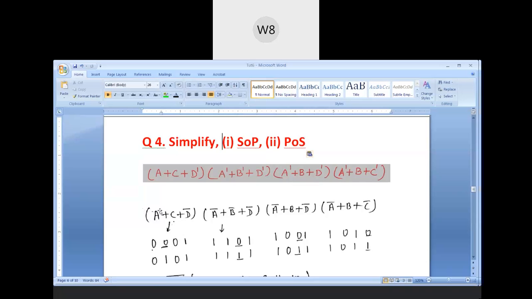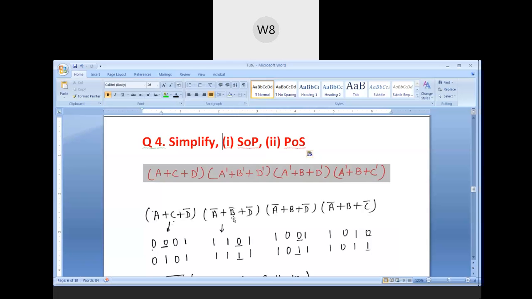Since b is not there in this first term, b could be either 0 or 1. So there are 2 possible inputs for which the first term is 0, and those inputs are 0, 0, 0, 1, that means 1, and 0, 1, 0, 1, so this is 5.